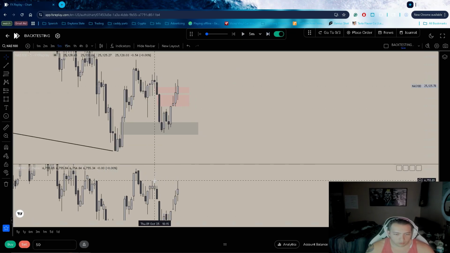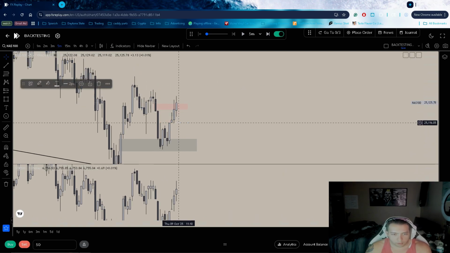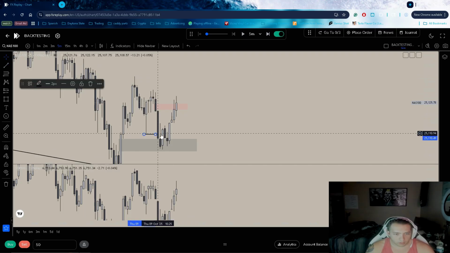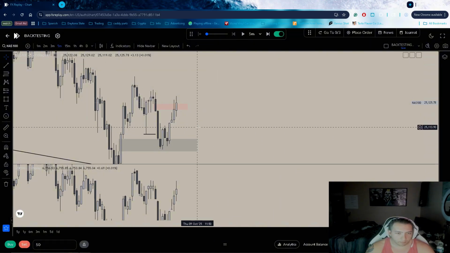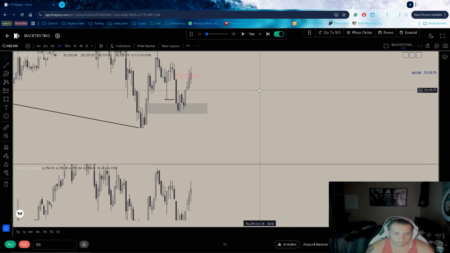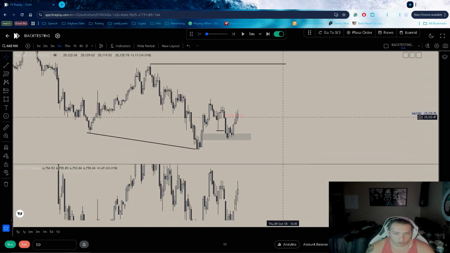Already SFT, there is technically another setup. Price stuffed this low inside this 5-minute fair value gap, and then we have a 5-minute inversion. But I do dislike it because price is generating liquidity.